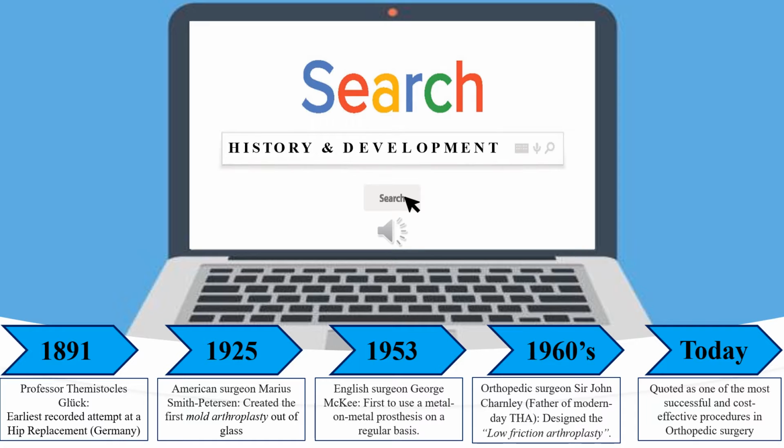In the 1960s, coming up on a little more recent to what we know, an orthopedic surgeon, Sir John Charnley, who is considered the father of the modern-day total hip arthroplasty, designed the low-friction arthroplasty. We'll get into that more in a moment as well. Today, the total hip arthroplasty is quoted as one of the most successful and cost-effective procedures in orthopedic surgery.